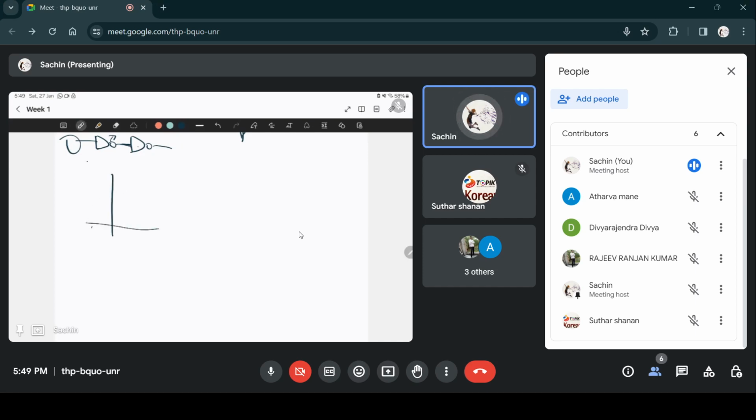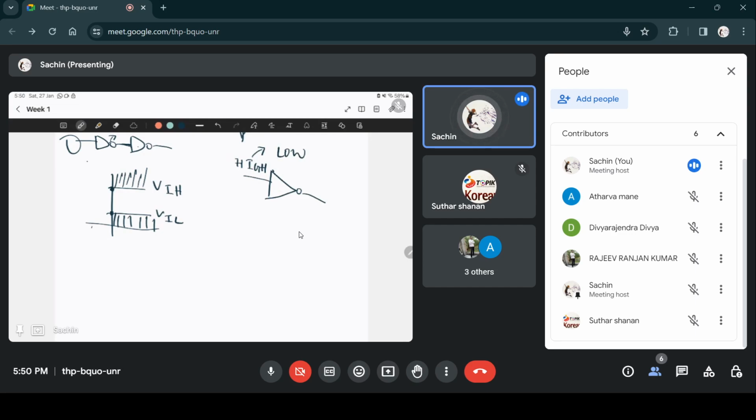Here, at the input side, you have some logic value VIL, below which everything is considered as a low value. There's some value VIH, above which everything is considered as high value. So suppose you want to change your input that you're giving to a circuit from high to low. Initially, let's say you had a NOT gate. You are giving a high input, and then something else happened in the circuit and you want to give a low input now. So you want to change this high input to a low input.